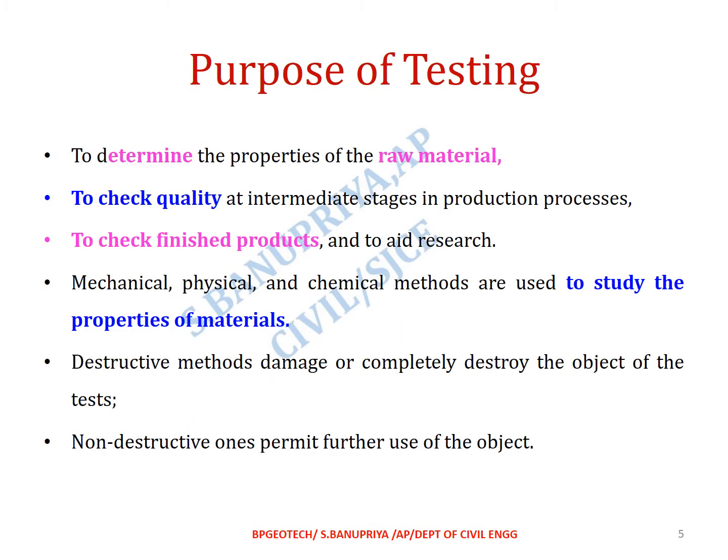After doing the material testing, what are we going to do with the results? That is the purpose of testing. Material testing is used to determine the properties of the raw materials. For example, if you take copper, that is a material which comes under the metals. In order to find out what different raw materials are present in copper, we can do the material testing and find out the chemical composition in it.